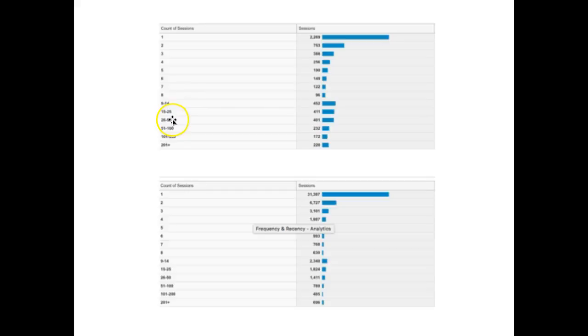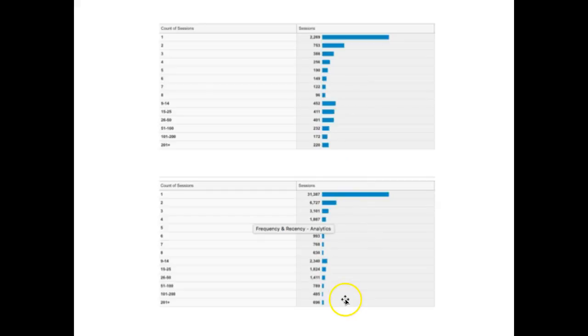So these people are coming back in a period of a month, 9 to 50 times, so we have 1,200, and that's half of our visits that are coming in once. And so half of the people in our population are coming back, 1,200 people. That's significant for this particular website.